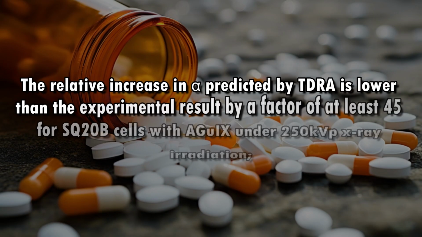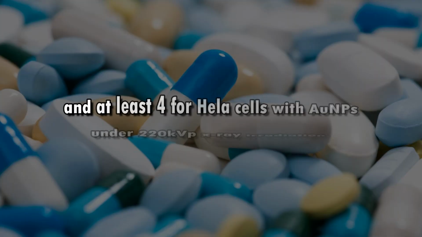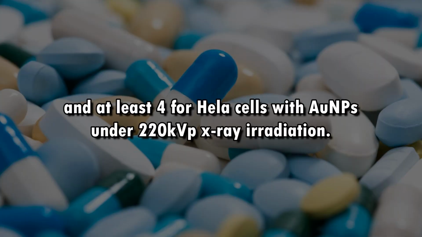The relative increase in alpha predicted by TDRA is lower than the experimental result by a factor of at least 45 for SQ20B cells with AGuIX under 250 kVp X-ray irradiation, and at least 4 for HeLa cells with ONS under 220 kVp X-ray irradiation.